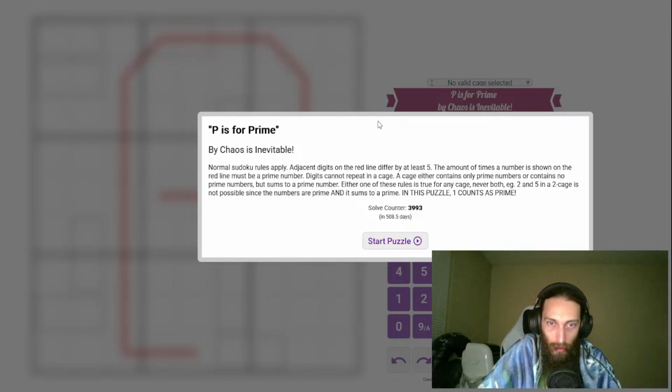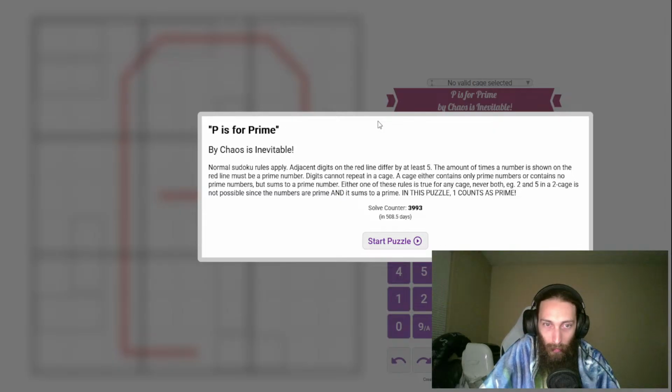Digits cannot repeat in a cage, and a cage either contains only prime numbers or contains no prime numbers but sums to a prime number. Either one of these rules is true for any cage, never both. For example, 2 and 5 in a 2 cage is not possible since the numbers are prime and it sums to a prime. In this puzzle, 1 counts as prime.